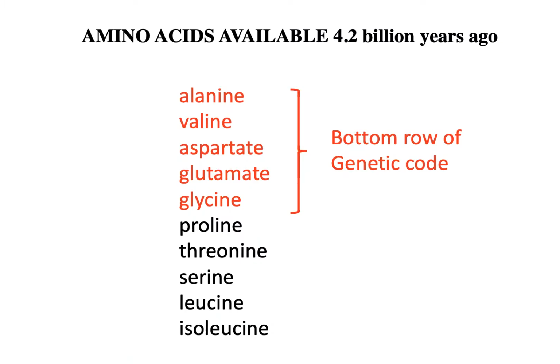But remember, 10 of these were available on early Earth, so that includes alanine, valine, aspartate, glutamate, glycine. And incidentally, those ones are on the bottom row of the genetic code, which appears to be the beginning portion of the genetic code. And then proline, threonine, serine, leucine, and isoleucine were also among those original 10.